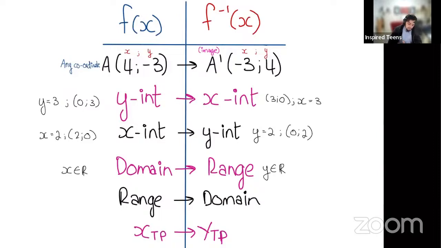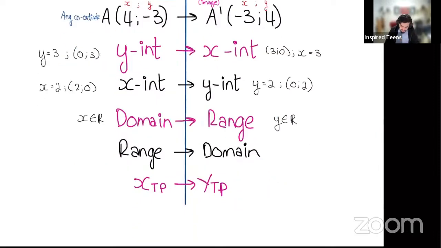Because they say the same, don't make the mistake of saying the range must also be x is an element of real numbers. No, it needs to change to y because range contains y values. Just keep that in mind.